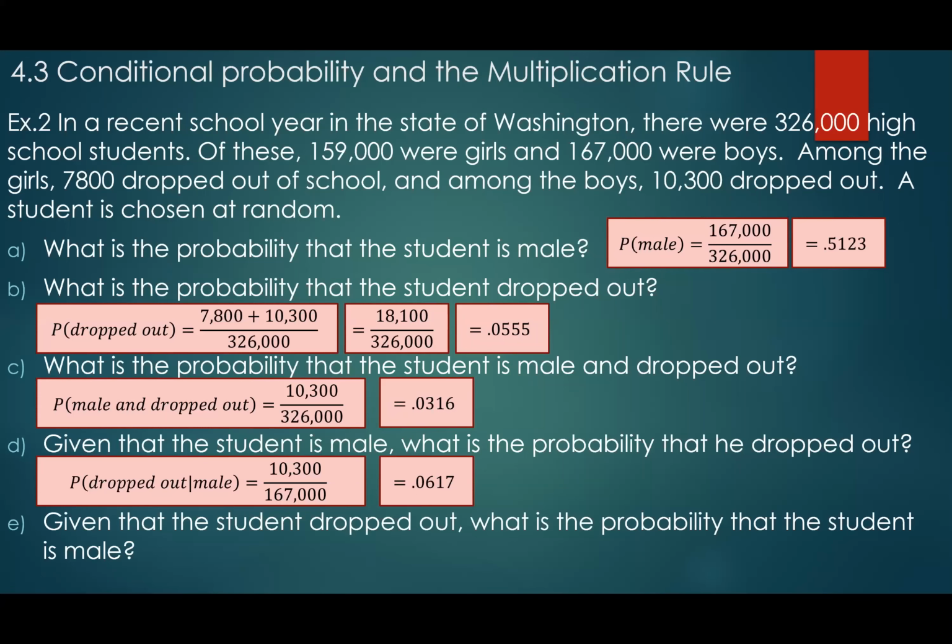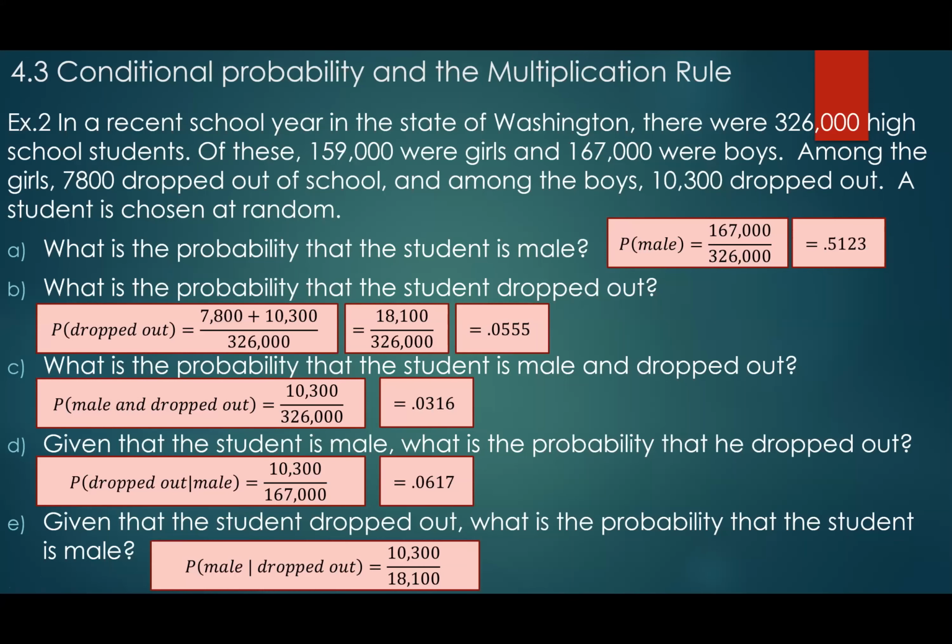So if you look at the E, you can do it both ways. You can look at your data, or you can use what you have. What is the dropout? Given the student is a dropout, that's your new denominator. If you use your information, what is my new total?